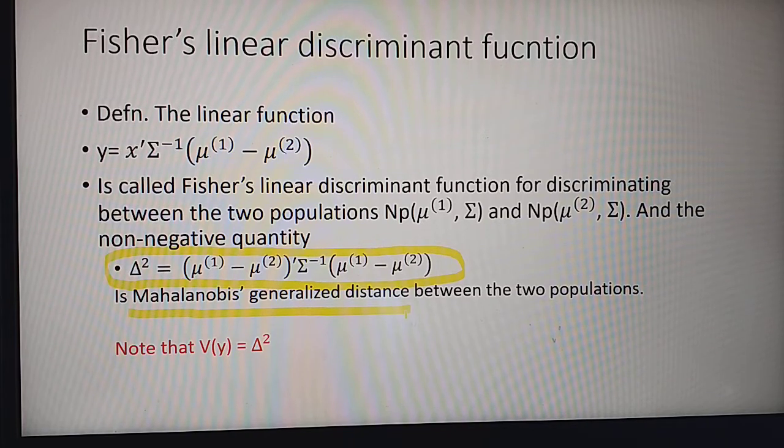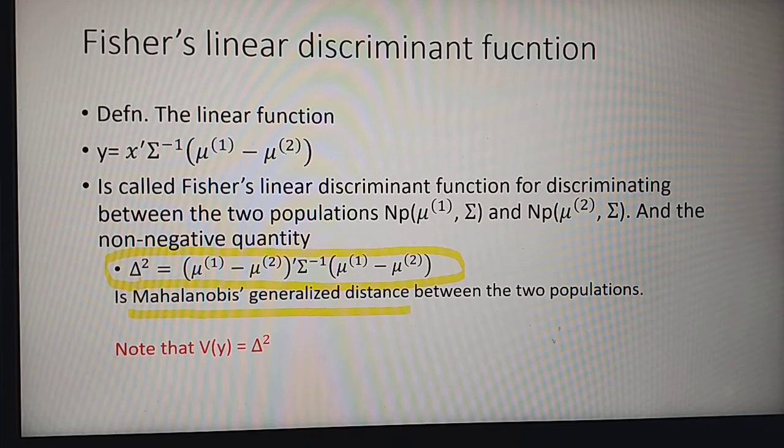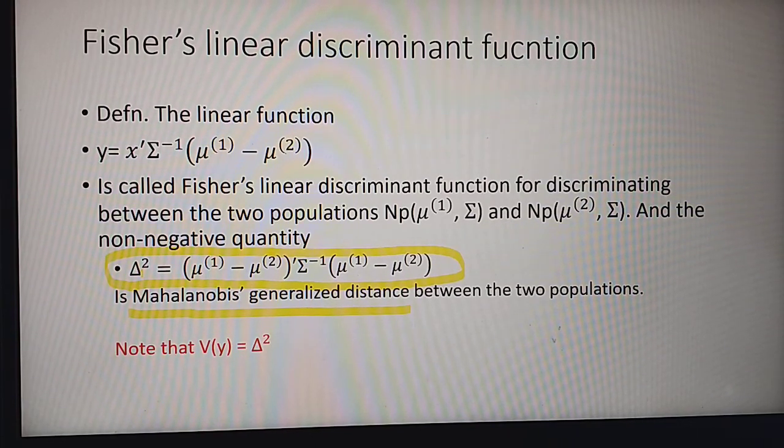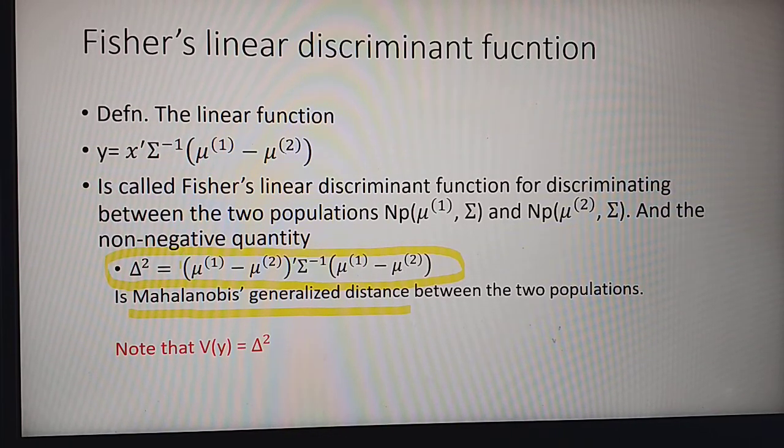One important point to mention is that in the generalized distance delta square, in some books, we have a coefficient 1 by p. This factor, namely 1 by p, is generally dropped for simplicity in the classification procedure in practice. It may further be noted that delta square so modified is the variance of the linear discriminant function due to Fisher.